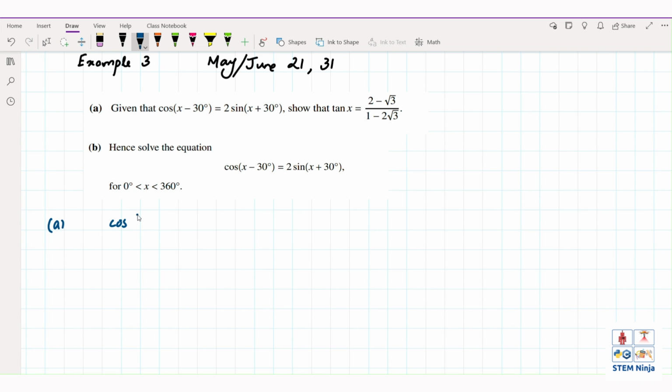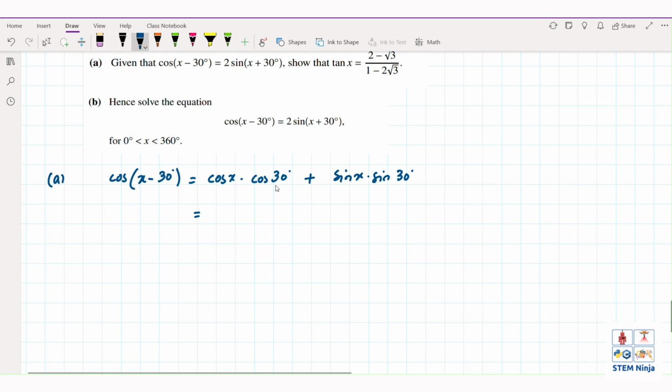When we expand cos of x minus 30 degrees, it expands to cos of x times cos of 30 degrees plus, the sign in the middle is opposite, sine of x times sine of 30 degrees.